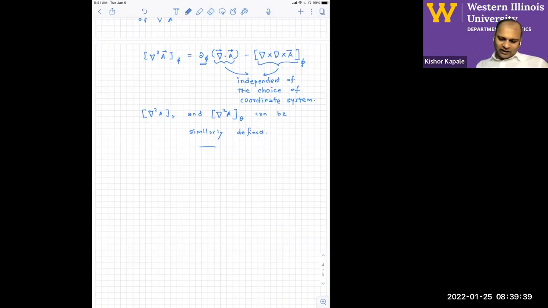And so I'm adding another reading assignment here: example 1.2 and equations 1.49 to 1.50 and the related discussion.